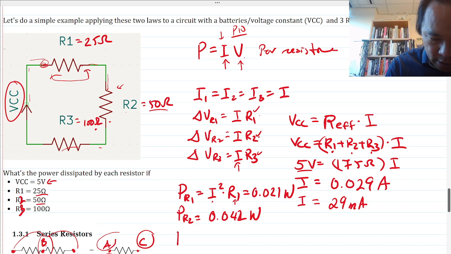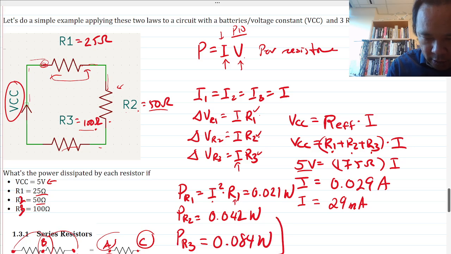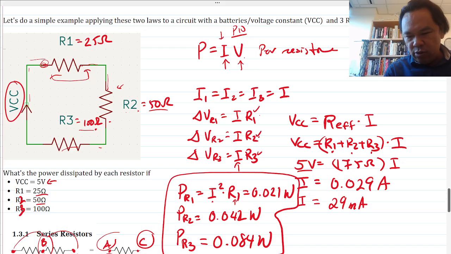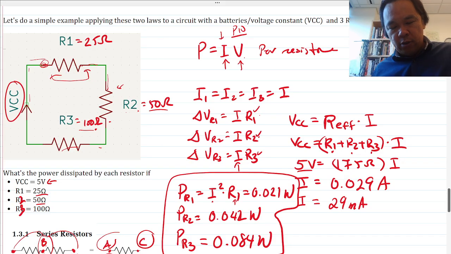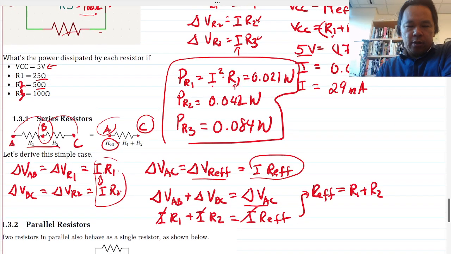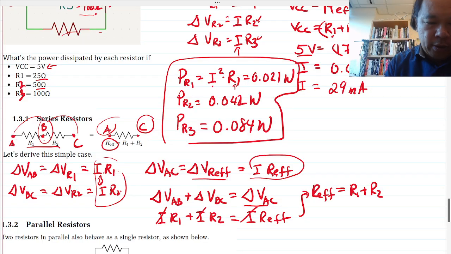And then the power dissipated by R3, which is double R2 once again, is going to double again, so 84. Hopefully that's not too confusing. I'm just taking a little shortcut to make these calculations much quicker. So that's how you calculate the power dissipated by each of the resistors.